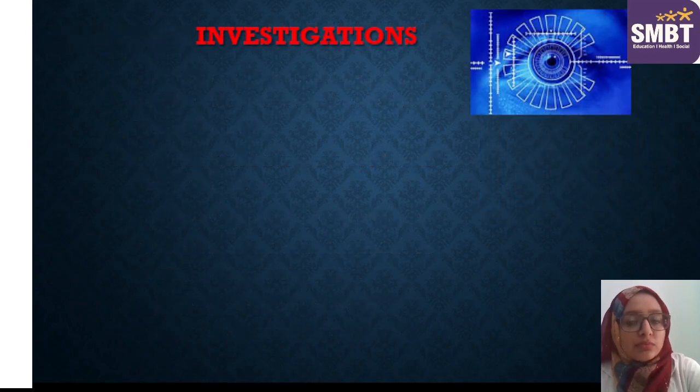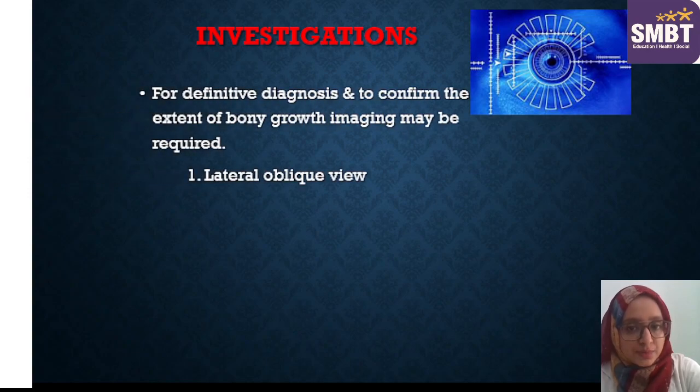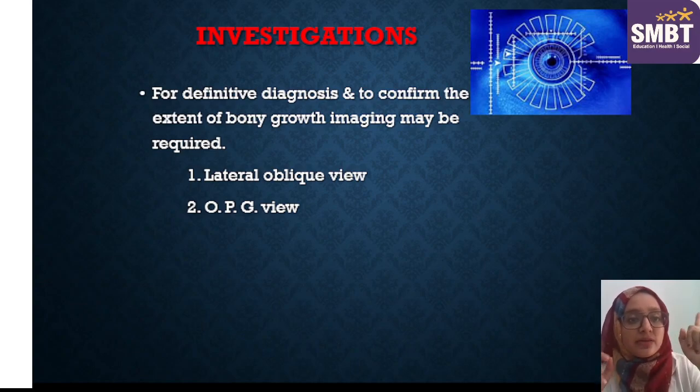Now, how will you know what investigation modalities to use to diagnose ankylosis? For definitive diagnosis and to confirm the extent of bony growth, imaging may be required, the most common being the lateral oblique view. It's cheaper and available chairside. Next easy, convenient, economical way is your OPG view, in which both TM joints can be seen.